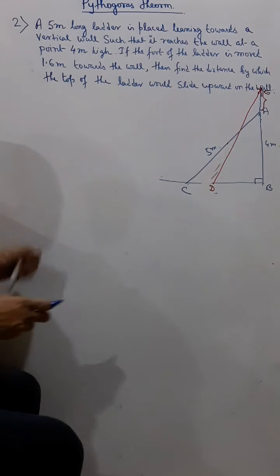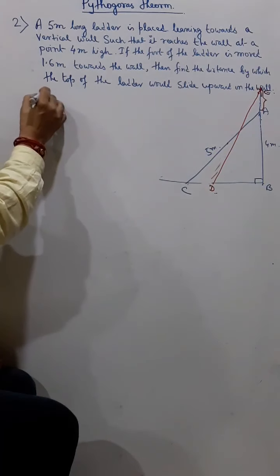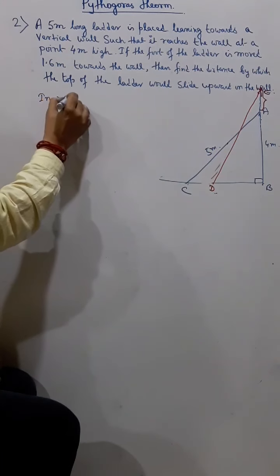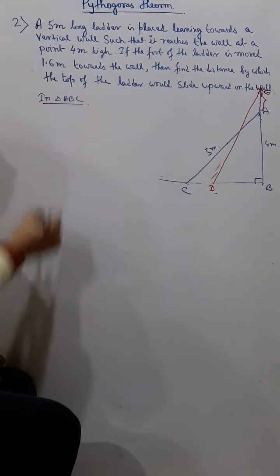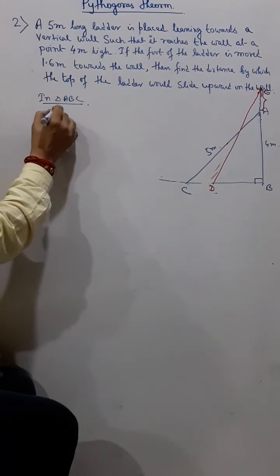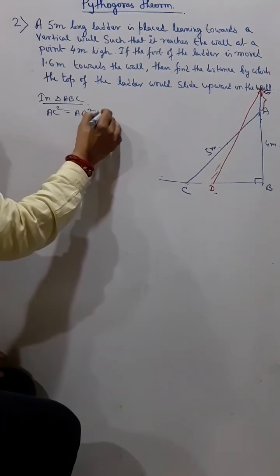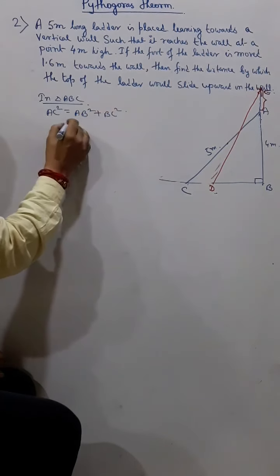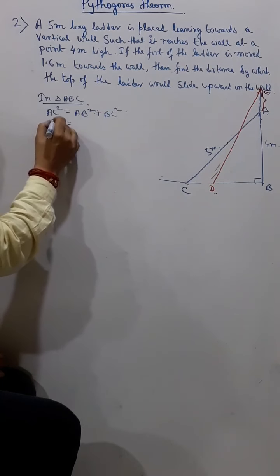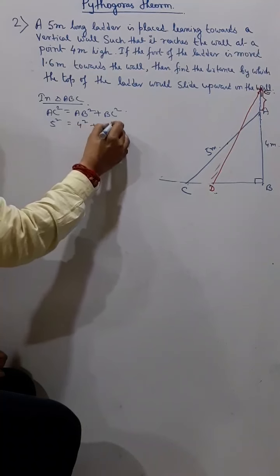Now see. In this first triangle ABC, we can easily get BC. So we can use Pythagoras theorem. AC square is equal to AB square plus BC square. So AC is 5, AB is 4, and BC we have to find.